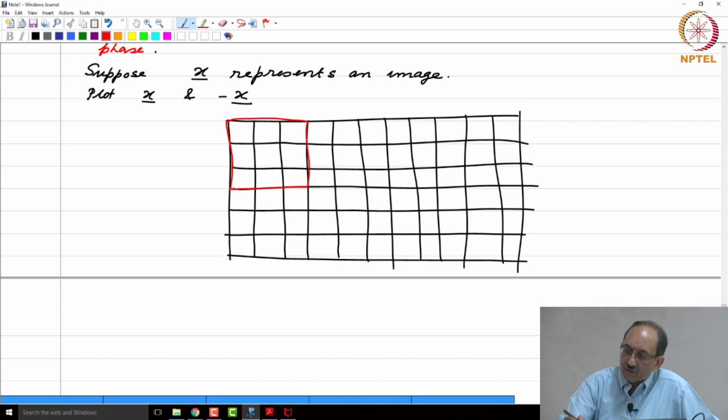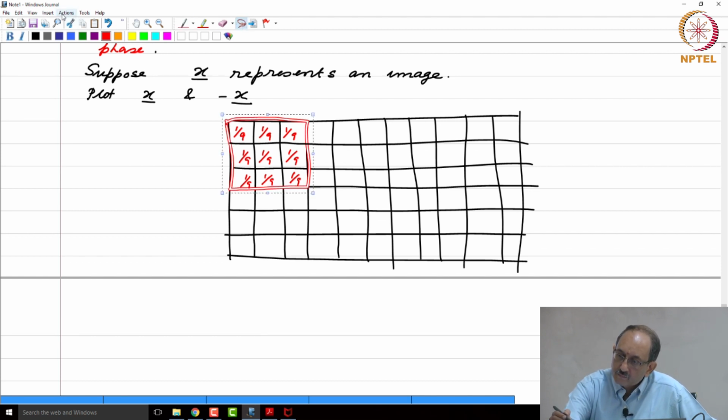and then here this is a 3 by 3 filter. Suppose the weight is all 1/9, right. Now, you want to low pass filter.